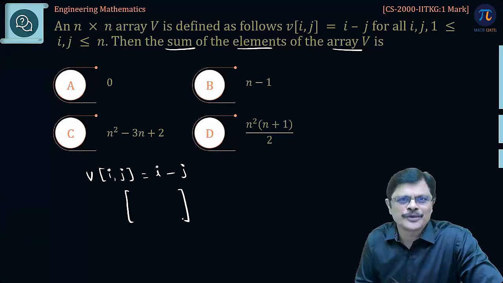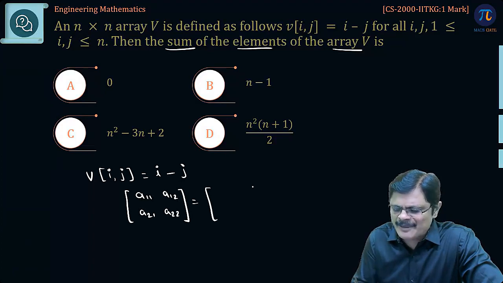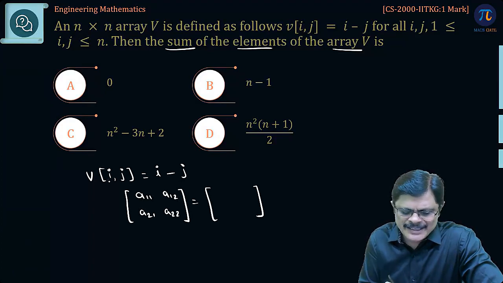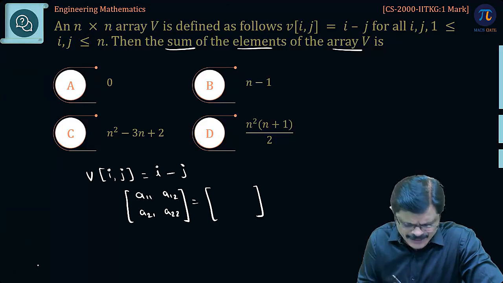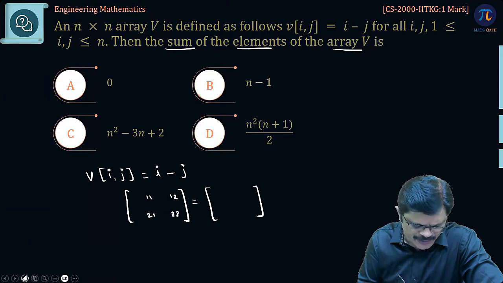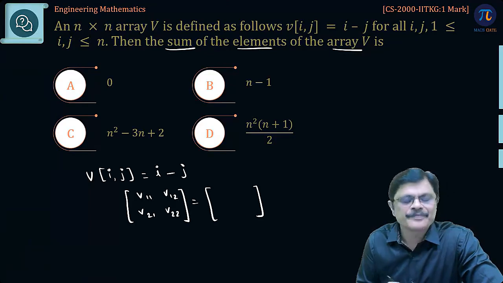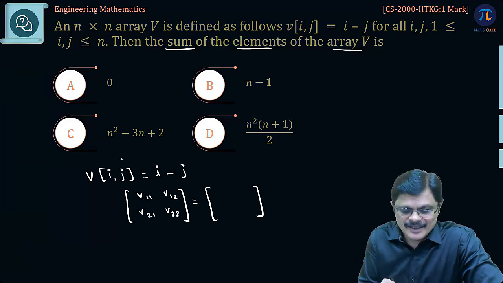You'll understand the story. See, here you get A11, A12, A21, A22. Instead of A, you can say V, sir, because the matrix name is V. So you can use V11, V12, V21, V22.